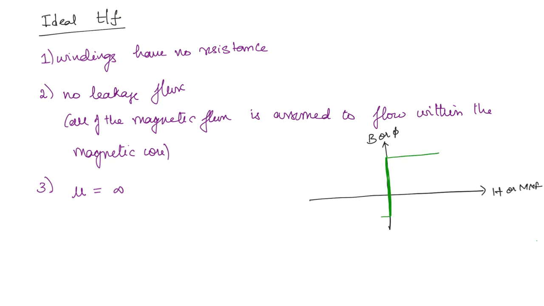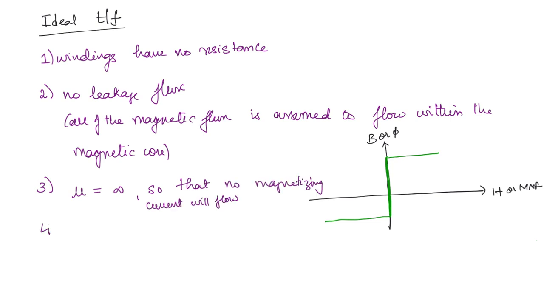At saturation it is going to become constant. The magnetic flux density is going to become constant. This will ensure that there is no magnetizing current. We will learn about magnetizing current later, but for now just know that if the permeability is infinity, then no magnetizing current will flow.